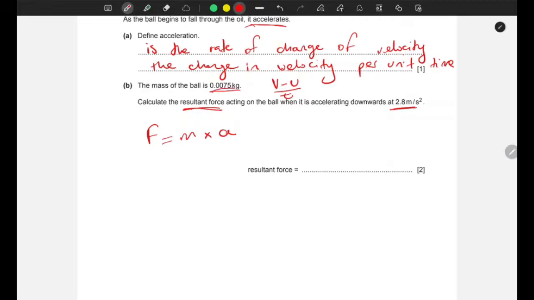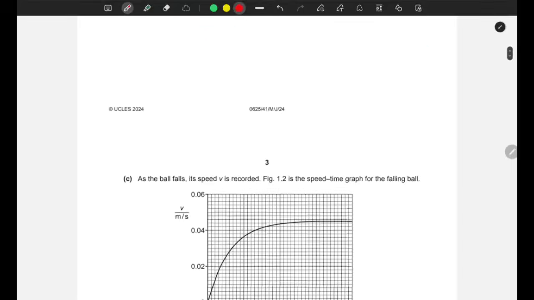So the mass is 0.0075 and acceleration is 2.8. When you multiply these two, 0.0075 times 2.8, that would give us 0.021 newtons. That's our answer for B.